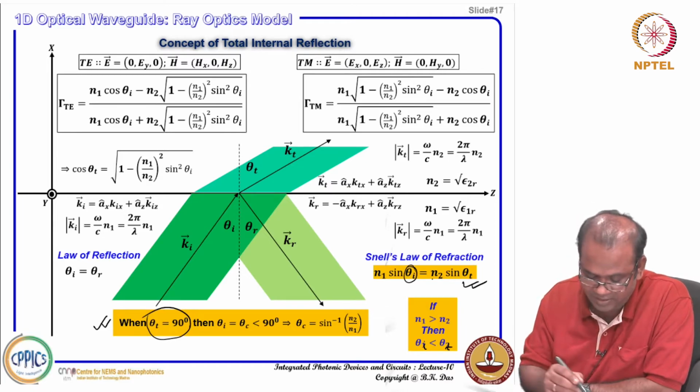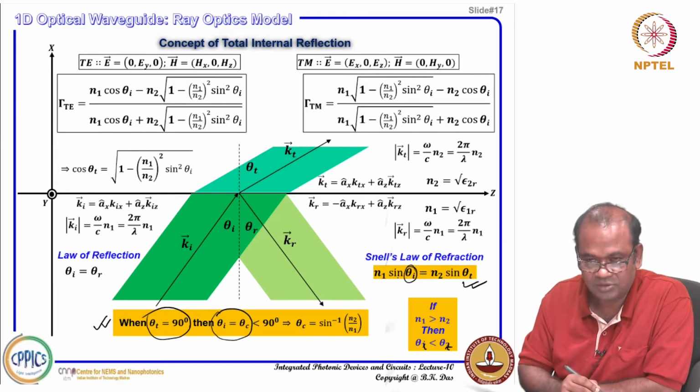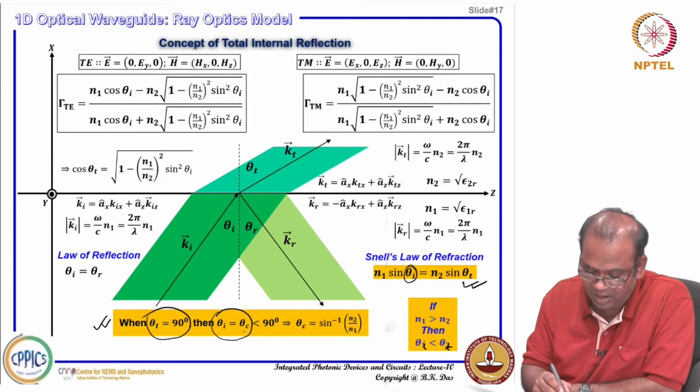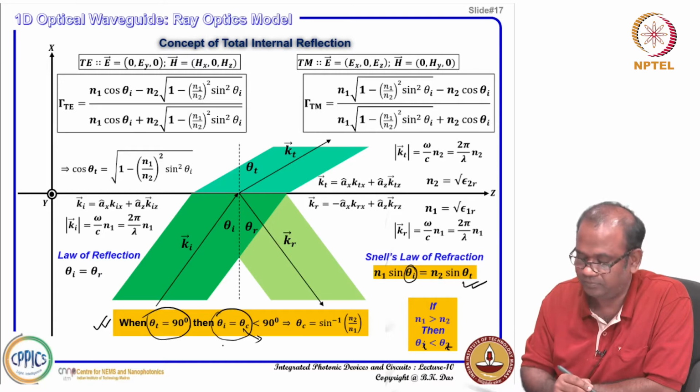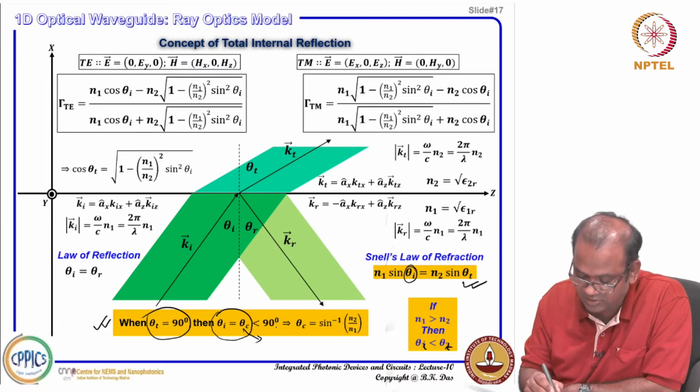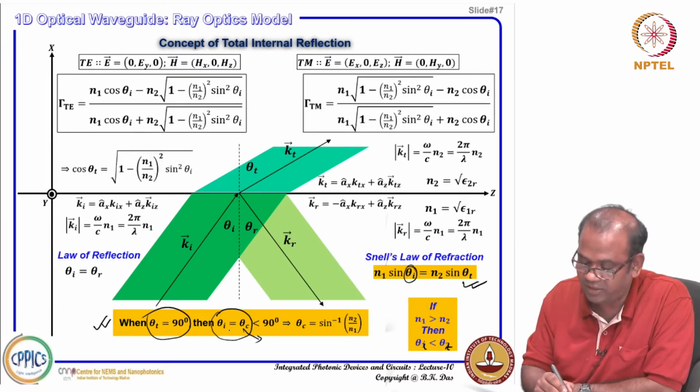So if I find theta t equal to 90 degree, whatever value of theta I I get from Snell's law equation, I will call that theta c. That must be less than 90 degree. So that is called the critical angle.